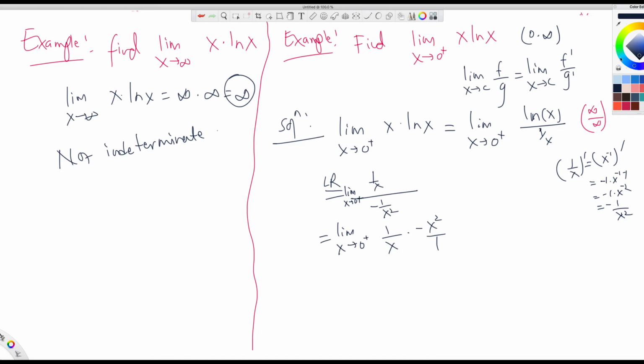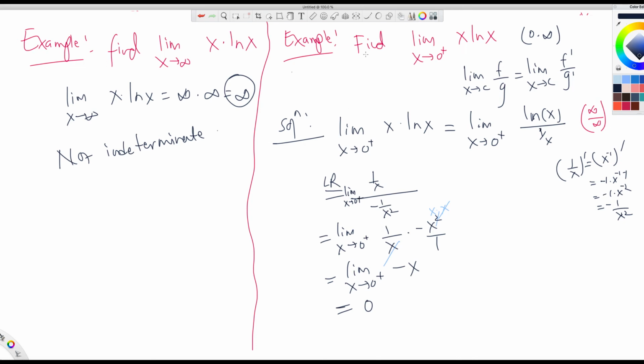Now if you simplify this, x squared divided by x is basically x, you cancel one of those x's. So you get the limit as x tends to 0 plus of negative x. When you plug in, you will get 0. So basically the limit of this is 0. That's what you get.